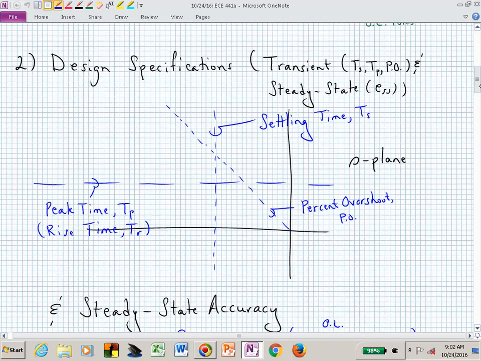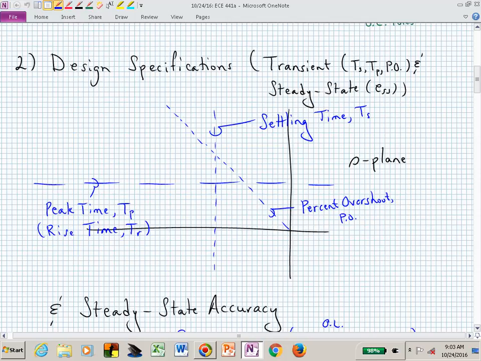Then we talked about design specifications, which involve two pieces, a transient piece and a steady state piece. In the transient piece, we're worried about settling time, which is the distance into the left half plane, the percent overshoot, which is the angle. The peak time is the vertical distance.